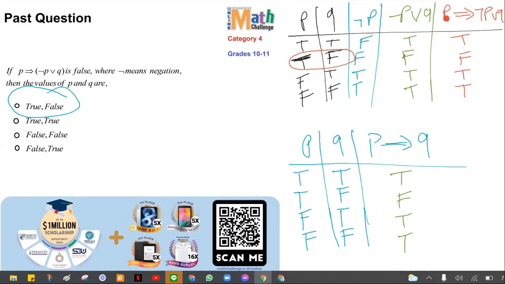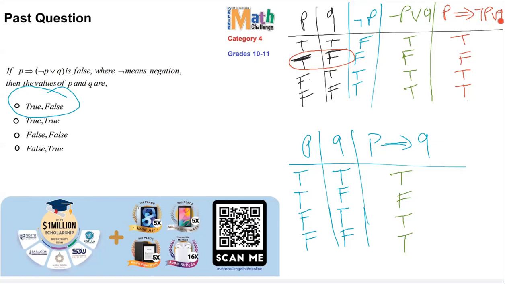So we check if there is a case where P is true but the next part is false. Let's go to P. Here P is true, and the OR statement is false here. So only this one will come false: P is true and the OR statement is false, so the result will be false.